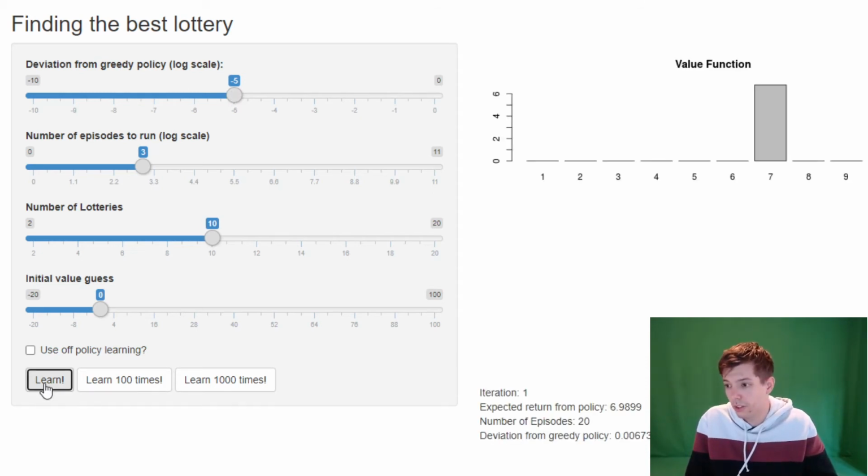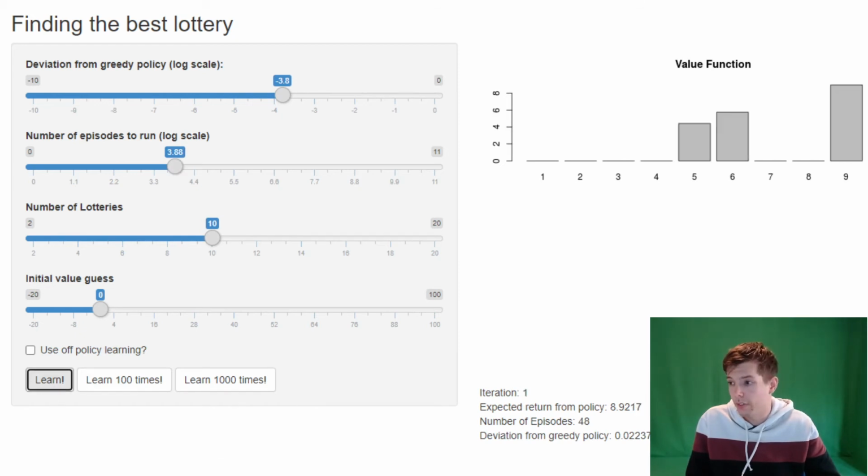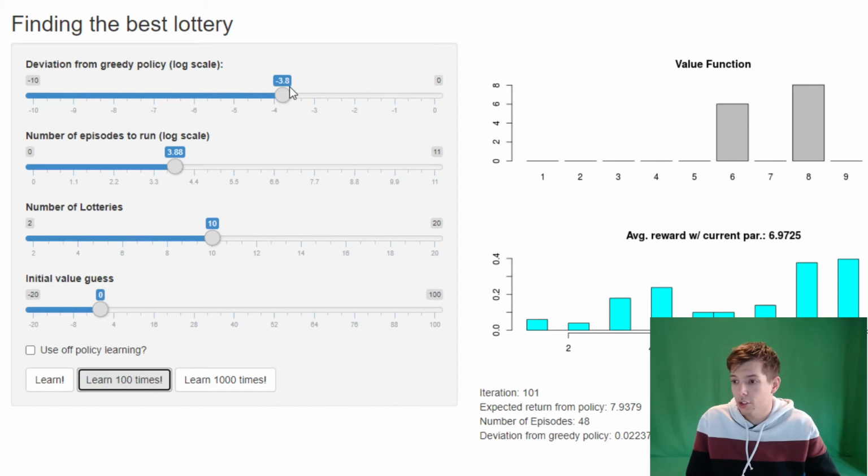Let's just run this once. We have a deviation from the greedy policy that is 0.5% roughly. We have learned over 20 episodes, and we have learned a value function. And we have seen that if we increase the number of episodes, and if we increase the deviation from the greedy policy, we can, of course, make sure that we learn the correct value function, or at least get closer to the optimal value function.